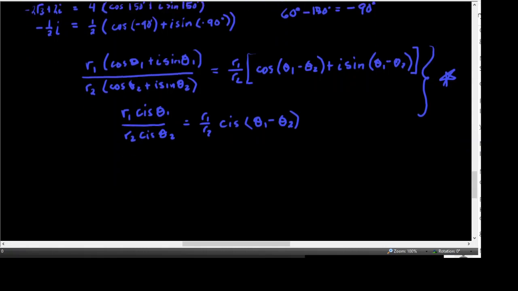So let's do an example of that. We're supposed to find this quotient and write the answer in rectangular form.